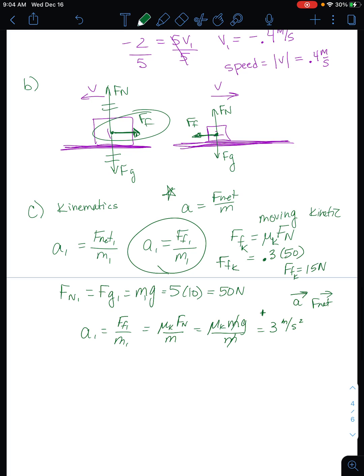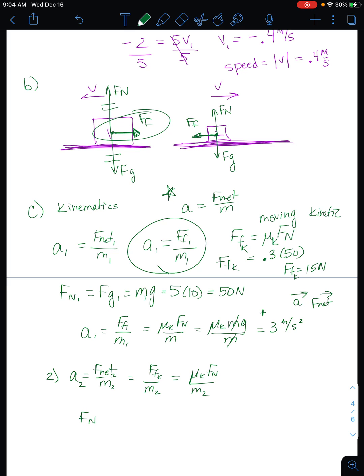And then when I look at my object 2 here, object 2 has almost the exact same things happening on it. We're going to solve for its acceleration by finding its net force divided by the mass. And for object 2, the net force acting on it is just the force of kinetic friction acting on mass 2. And so really it can be solved for by mu k Fn over mass 2.